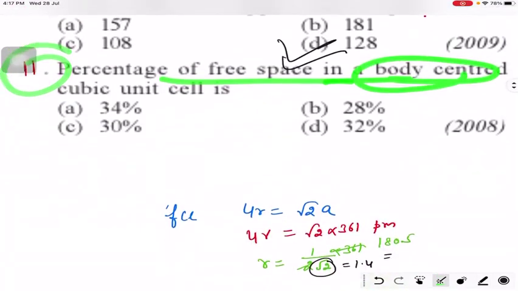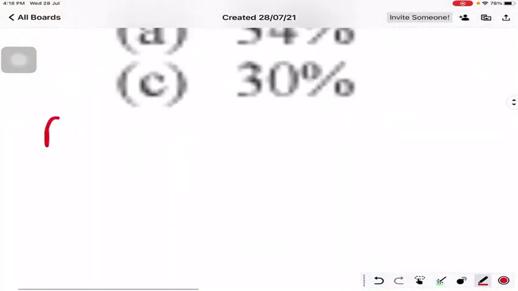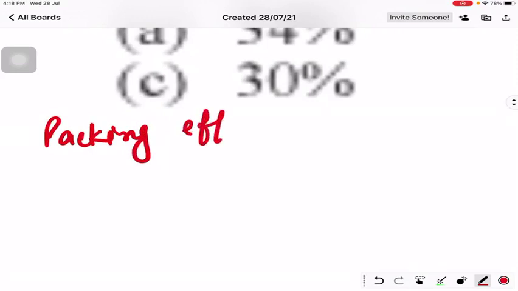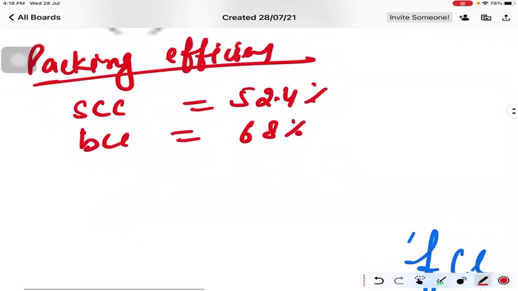11th question, percentage of free space in BCC. Free space has been asked. So packing efficiency, you have to keep in mind packing efficiency for different system. Packing efficiency for simple cubic is 52.4%, BCC is 68%, and for FCC is 72%.